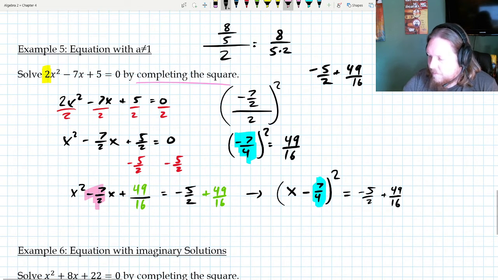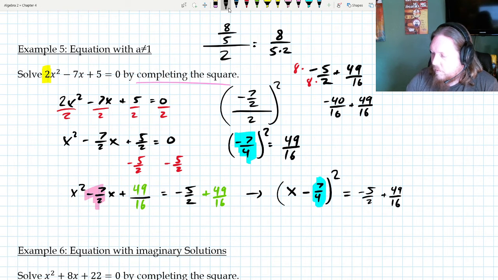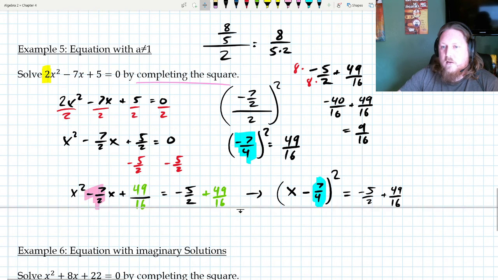Well, if I multiply the 2 by 8, I'll get 16, so that's my common factor there. Negative 40 over 16 plus 49 over 16. Ooh, look at that. That comes out to be a nice round 9/16.